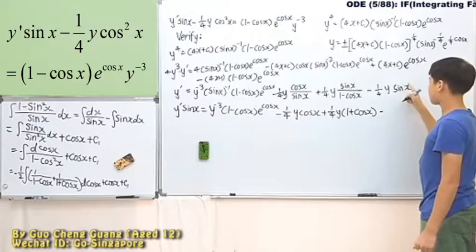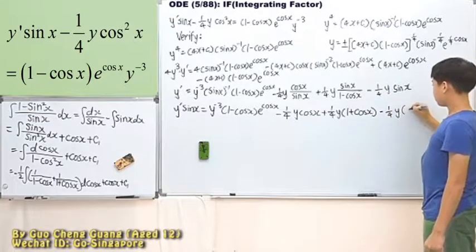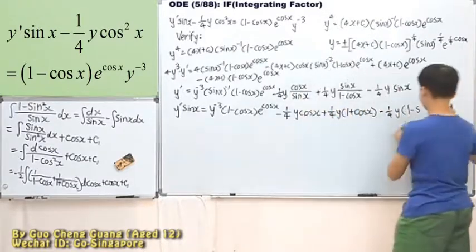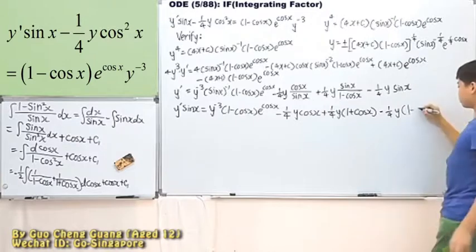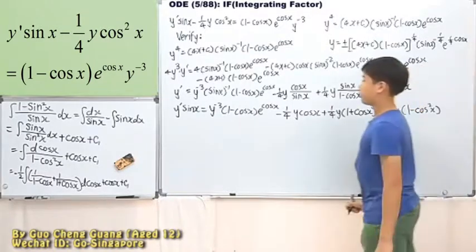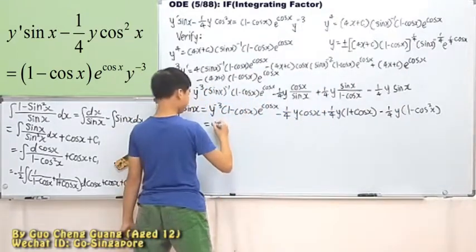Here, sine squared x. Wait, sine, you get cosine. Then after that, what happens? Here, this first part is still the same.